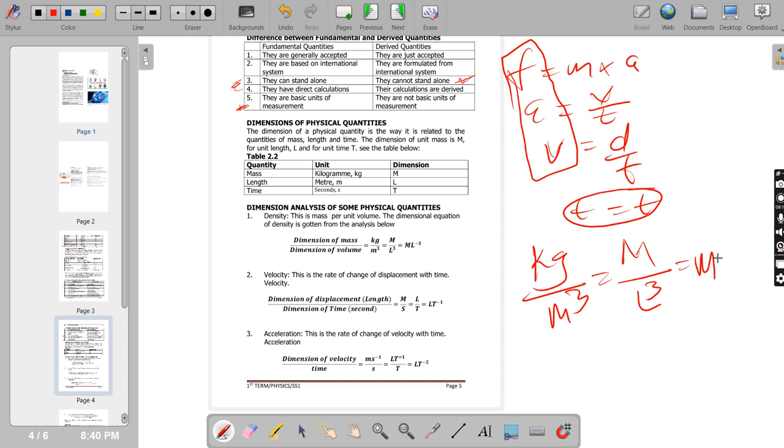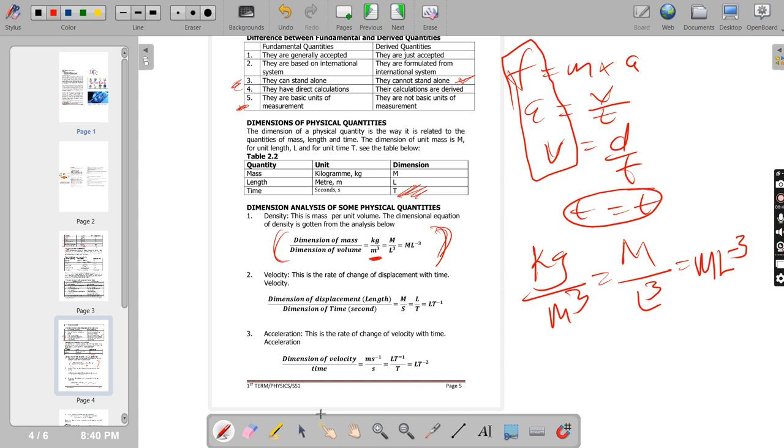This gives us ML minus 3, because that's the meaning of M over L cube. It's that simple, it's actually nothing complex. Once you understand this table and you know the formula for the quantity, you just put in these values to produce the dimension of that quantity.